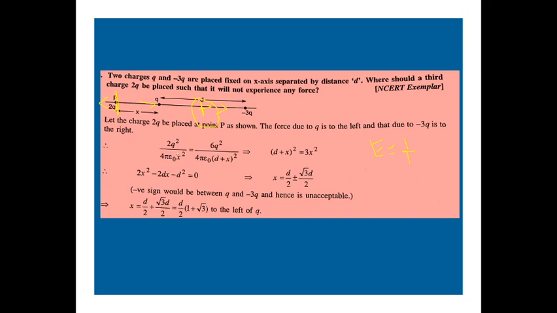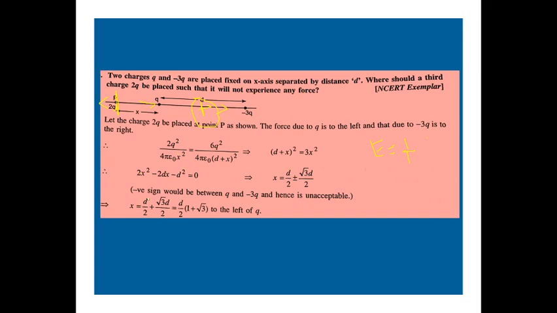Cancelling the 4 pi epsilon naught on both sides, and 2q, we get 1 divided by x square equal to 3 divided by d plus x square. Simplifying this, x is equal to d by 2 plus or minus root 3 d by 2.